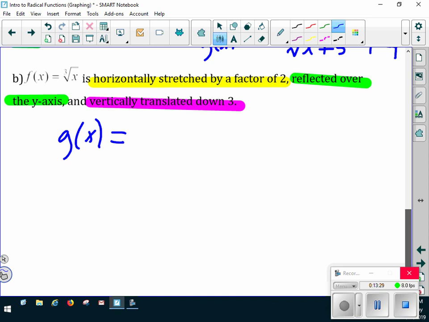G of x equals cube root. Where's the plus 3 go? Horizontal. So you're saying this should be a half?